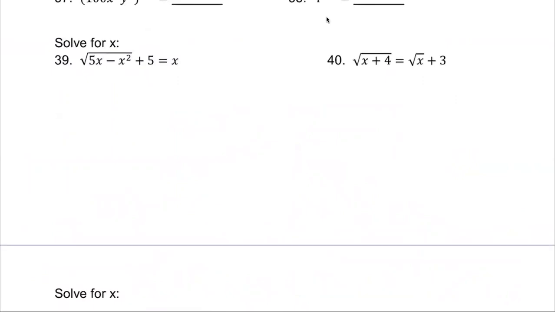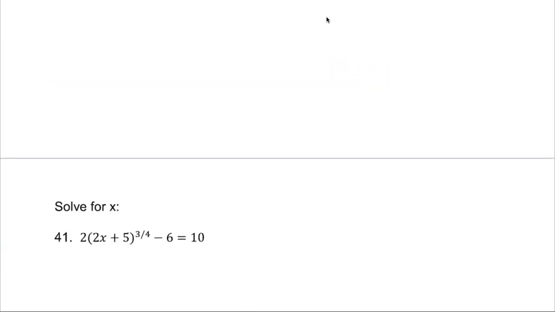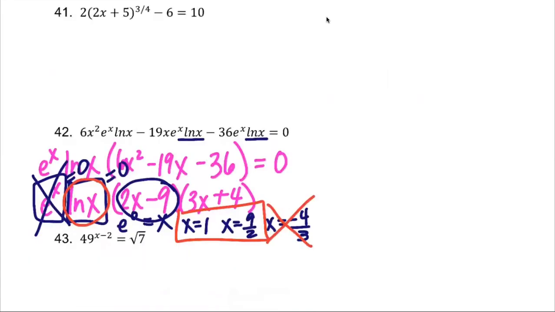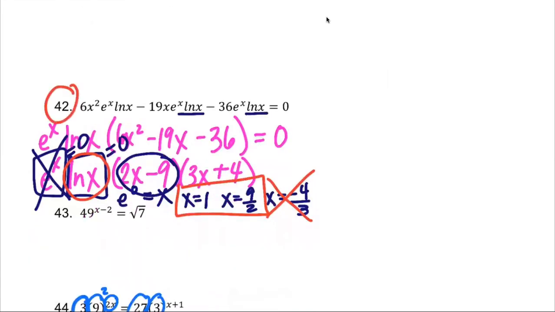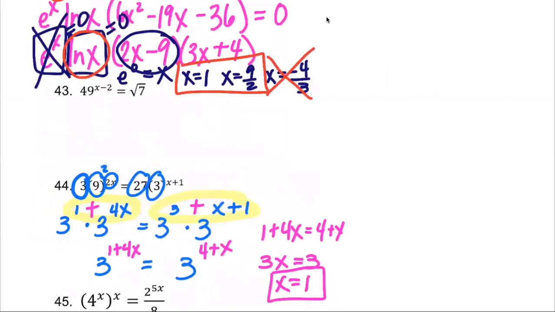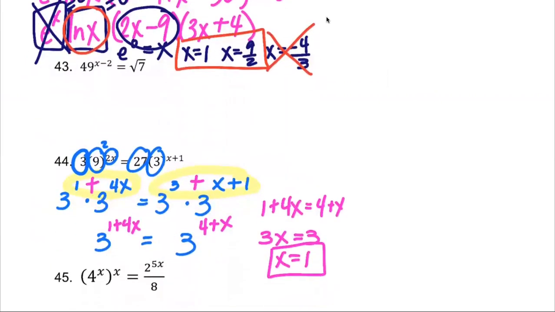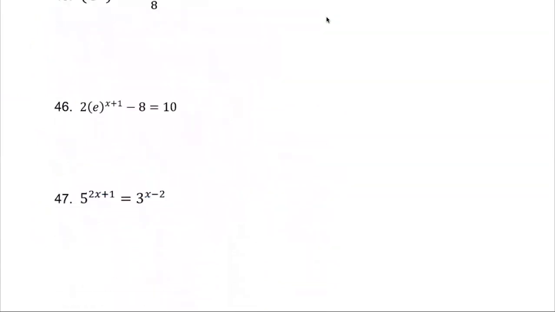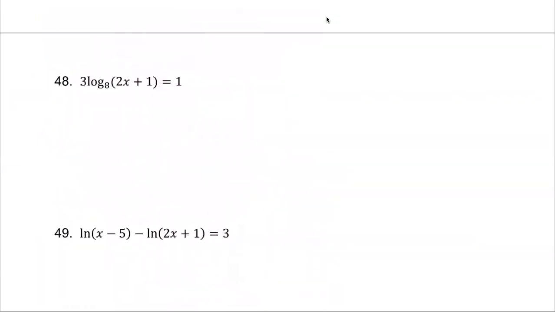something like 39 and 40, remember I told you guys we're not going to waste our time checking with those. So you wouldn't need to check 39 or 40 or 41. 42, you would need to check because you have a natural log. You would need to check 43 or 44 or 45 or 46 or 47.